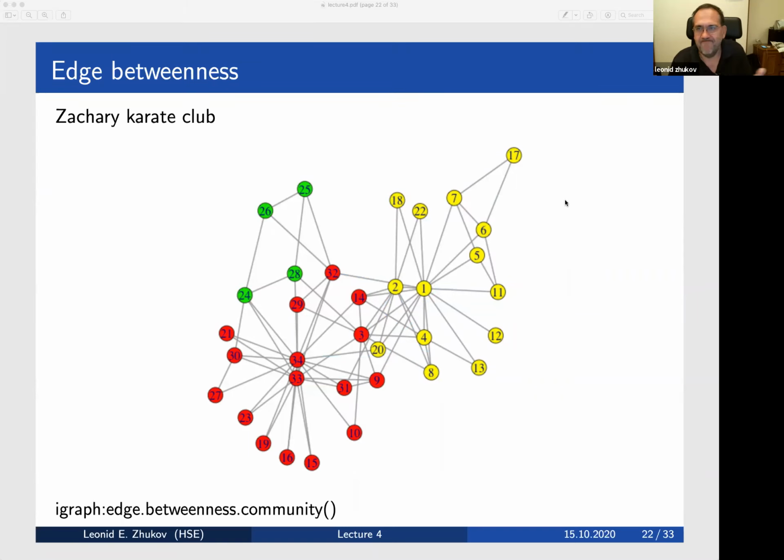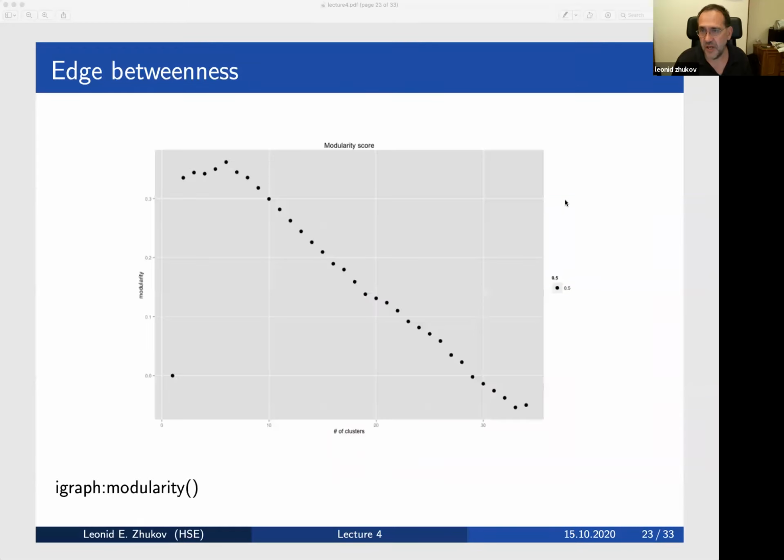So the question is, how far should we go, right? How many communities? Because again, I can go this way for a long time, until I end up with every single node separate. So the way to do this, for example, is to monitor the modularity score. Remember, we talked about the score, and the slide that is missing was supposed to show you that when you have a good partitioning, the modularity score is the largest. So we look at the modularity score when we have one cluster and it is 0.